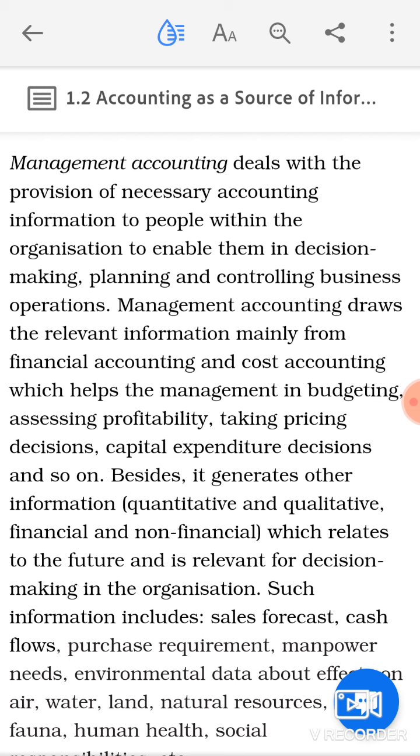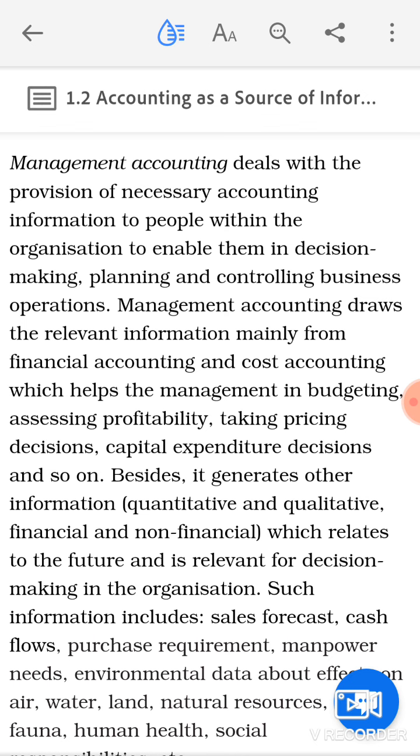if you are a manufacturing unit, how much smoke is being emitted from your business house or from your factory, clear, and its effect on the business or its effect on the environment has to be recorded, clear. So water, land, natural resources and so on, for flora, fauna, human health.